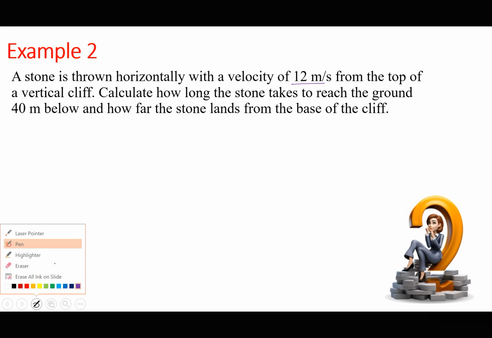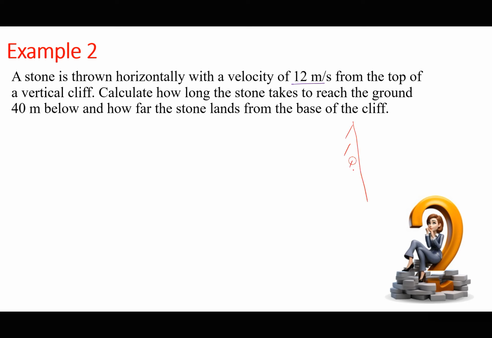Okay, so I can sketch this for simplicity. Let this be the cliff, and it is projected horizontally with a velocity of 12 meters per second. Let this be the base of the cliff, and of course it's going to move in that kind of path.